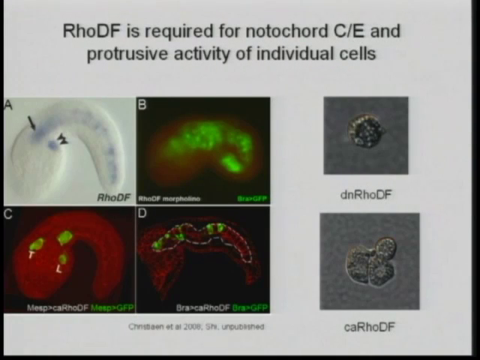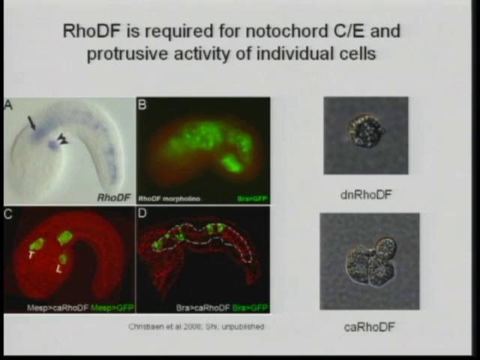One of the first angles I took was to look for what would actually produce actin protrusion. I told you the small GTPases are well-known positive actin dynamic regulators, and people know that if you express specific small Rho GTPases, they will induce protrusion in a cell culture assay. But in the notochord, we have a very tissue-specific Rho called RhoDF.